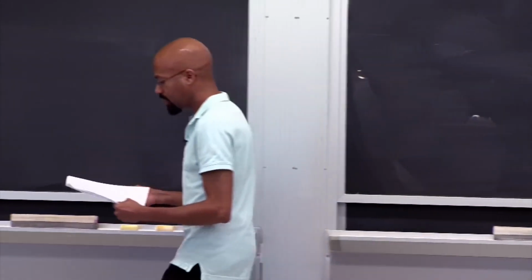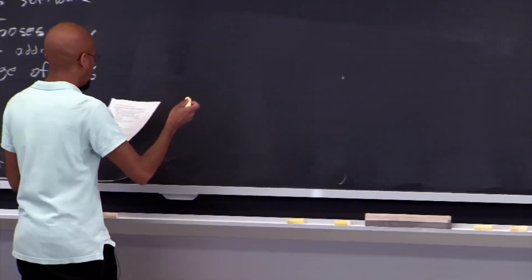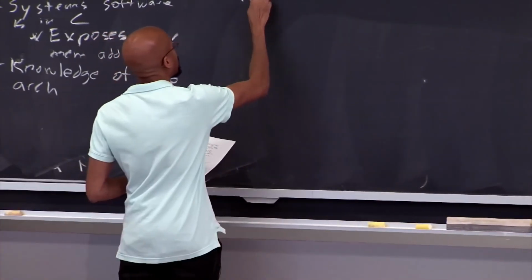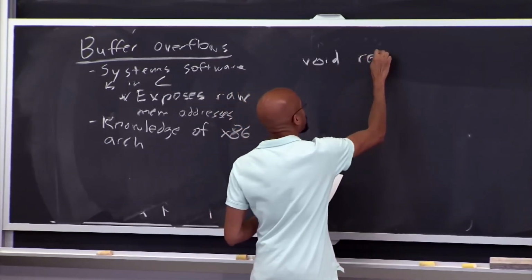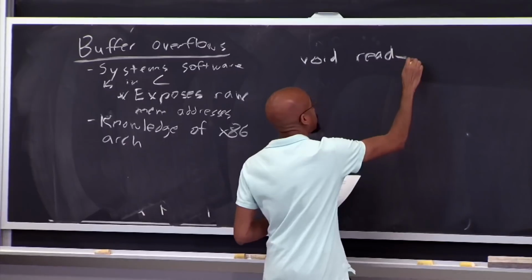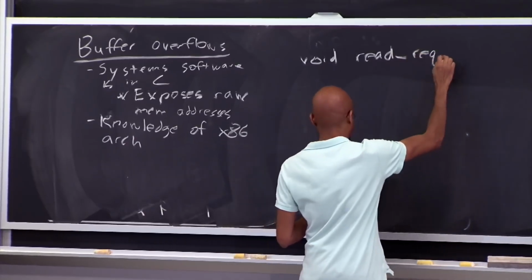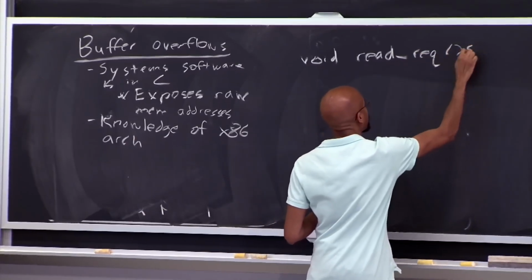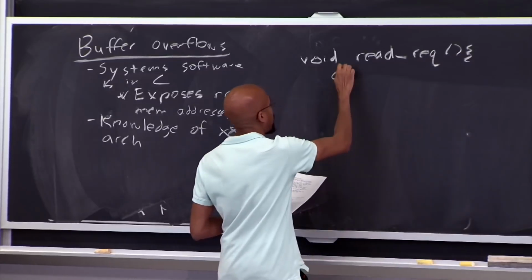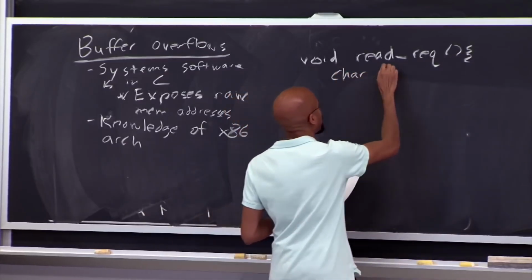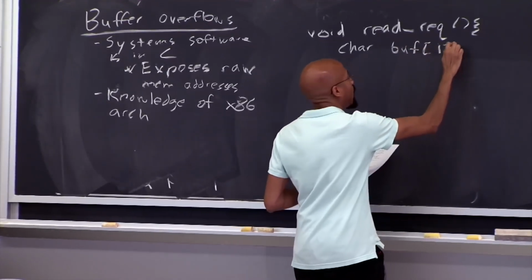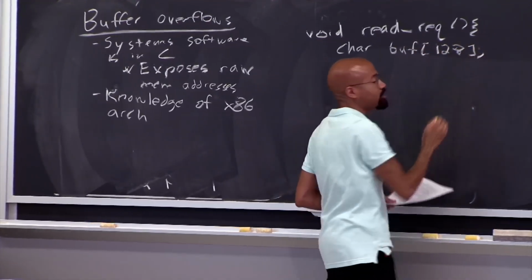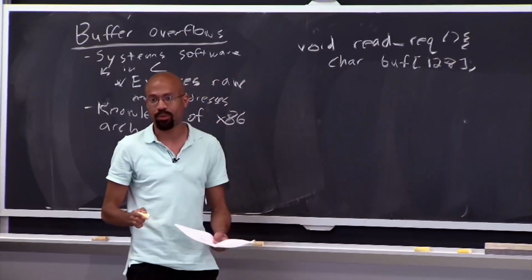And so let's look at a simple example. It's very similar to something that you saw in the last lecture. So we've got your standard read request up here. And then you've got a buffer that's here. And by now you've probably trained your lizard brain instincts. Whenever you see a buffer, you're probably filled with fear.